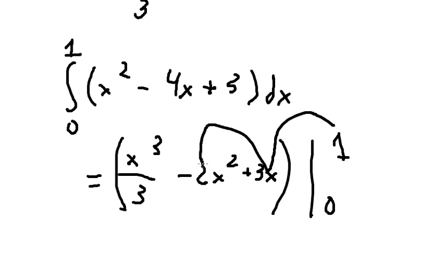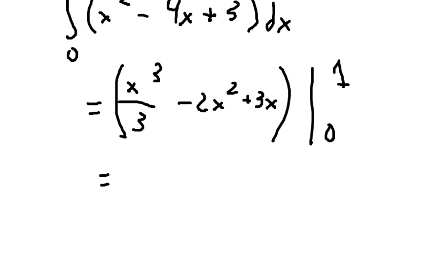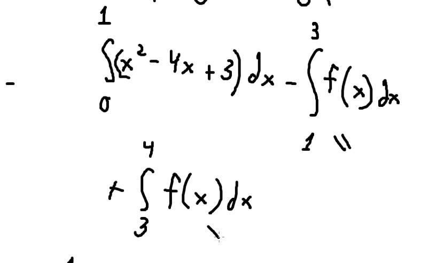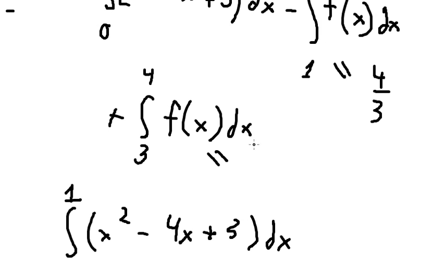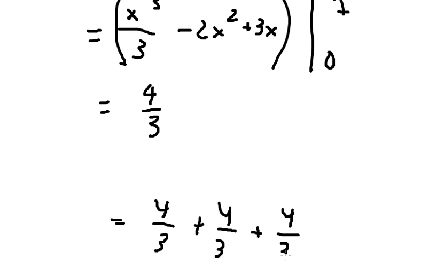So we put number 1 in here, number 0 go in here, and we got about 4 over 3. This one and this one, you will got about 4 over 3. And this one you got about 4 over 3. We sum 3 numbers together. And we got about number 4.